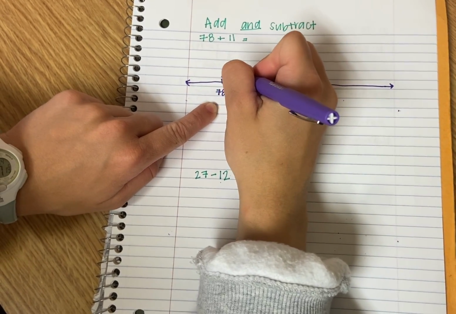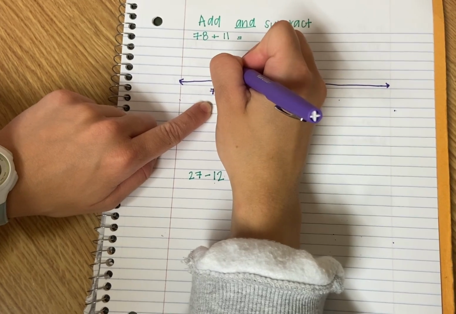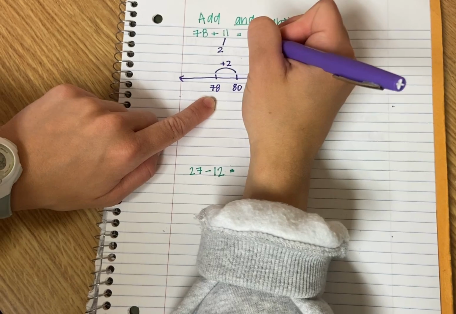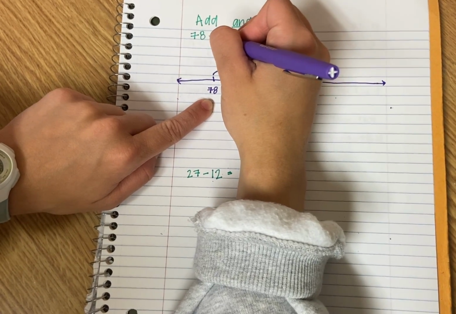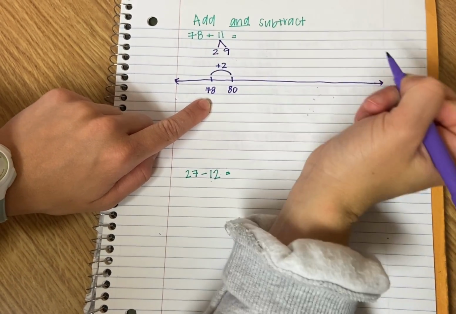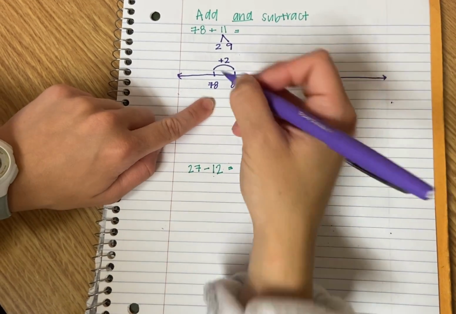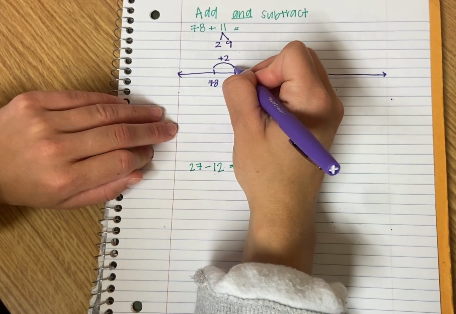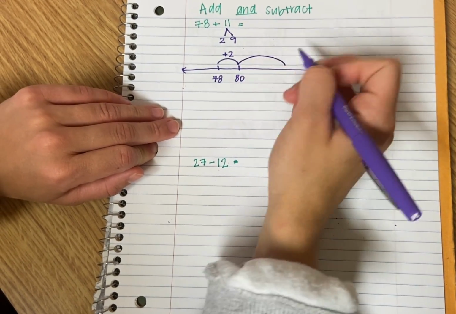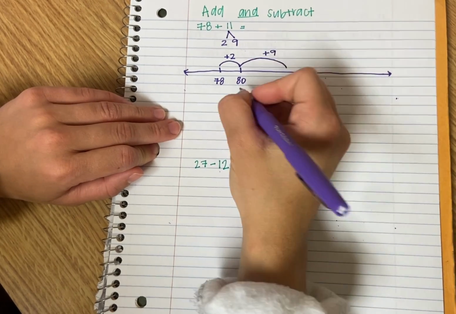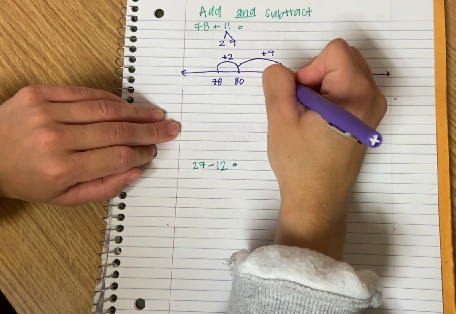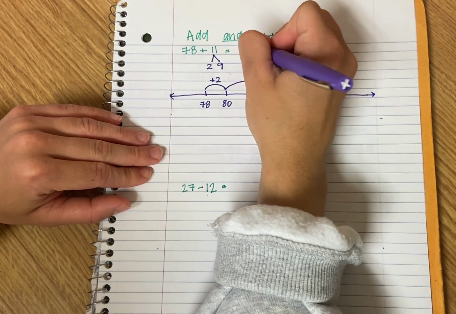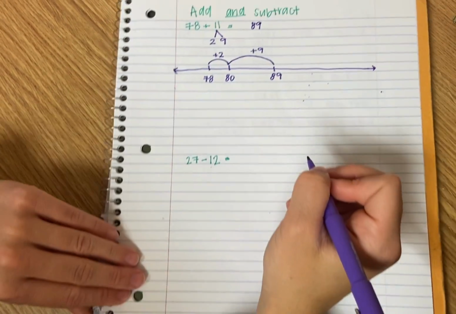So I would have to add 2 to 78 to get to 80. So if I wanted to split this 11 into 2 and something else, 11 is also the same as 2 and 9. So we're going to jump up 2 to 80, and then we need to add 9 more. And 80 plus 9 is 89. So 78 plus 11 is 89.